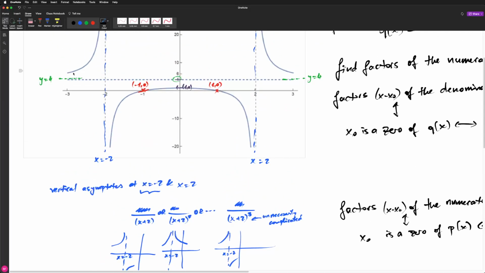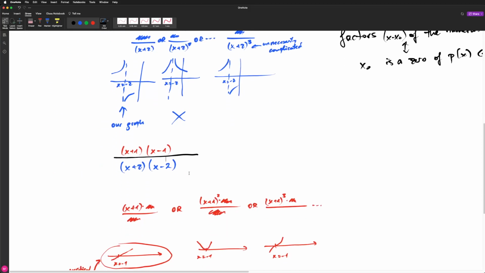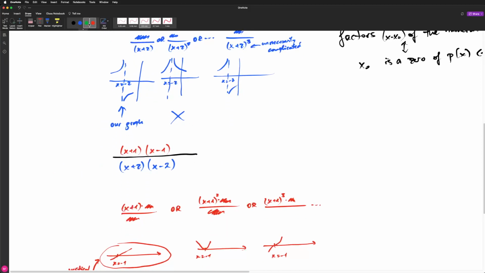Now let's look at the horizontal asymptote. When I work with large values of x, x plus 1 will look like x. X minus 1 will look like x, because what happens if you subtract 1 from 1 billion?